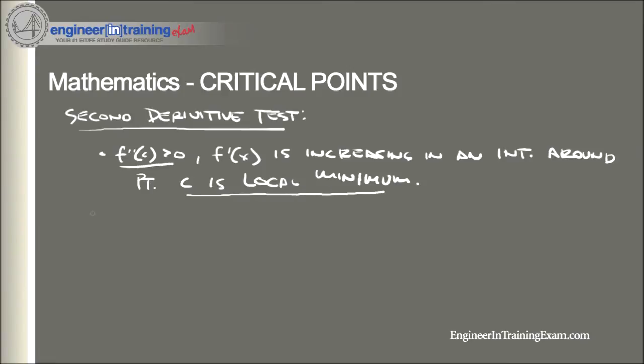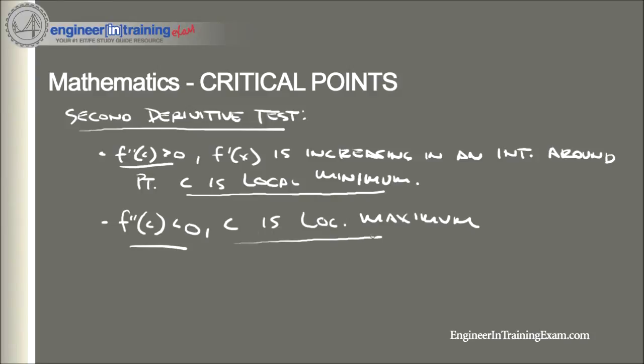Now if f double prime of c is less than 0, then f prime of x is decreasing in an interval around that point c. Therefore, c is a local maximum. So if f double prime is less than 0, then c is a local maximum.